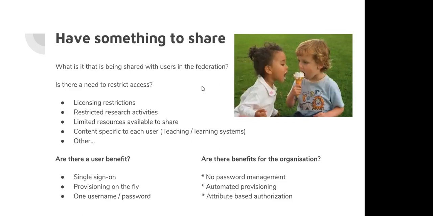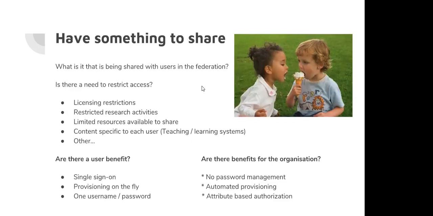There are also some benefits for the organisations that are providing these services to the federation, in that they have a reduced workload in managing passwords, because they're no longer having to issue passwords for users, because the users' passwords are being maintained by their home institution or home organisation. They also benefit from the automated provisioning that comes with federation, if they so choose to do that. Again, that's about integration.